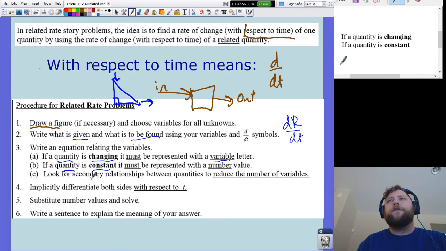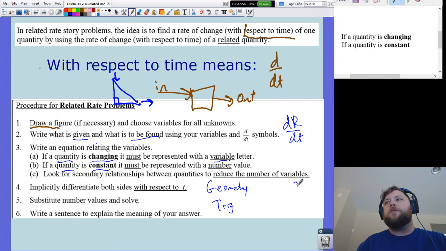You also want to look for secondary relationships. That means stuff like the Pythagorean theorem if you're looking at a right triangle, or if it's a rectangle and we're talking about area or perimeter, formulas for that. A lot of times you use your geometry, trig rules, or the Pythagorean theorem. Eventually you get to an equation where you have two variables left.